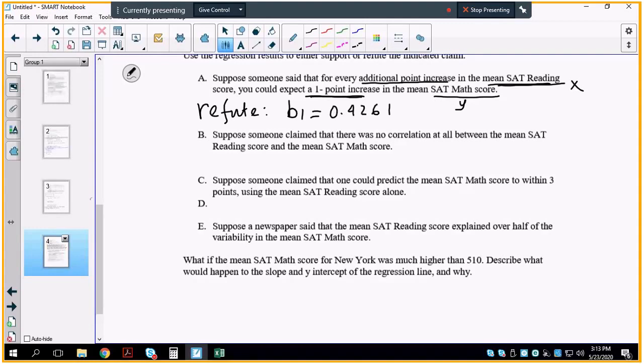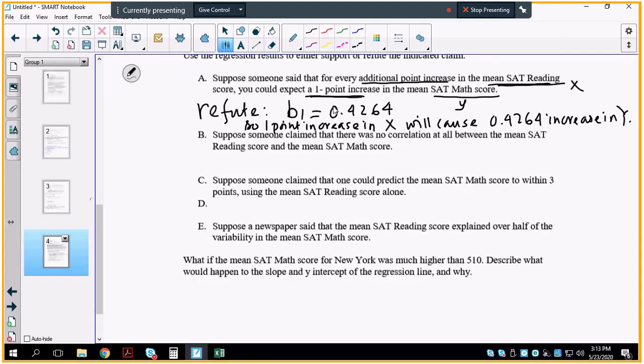So 1 point increase in the X will cause 0.4264 point increase in Y. So the statement is false and I refute.